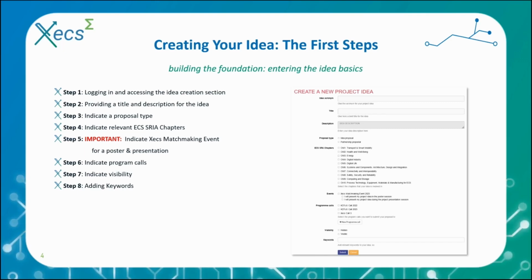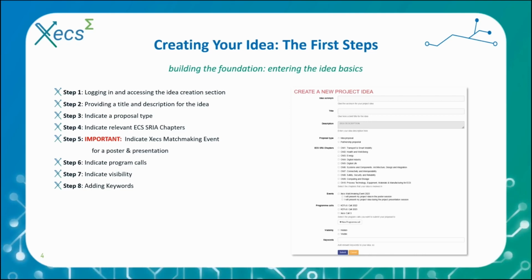Then you select the relevant XECS or ECS RIA chapters. Then you indicate that your project idea is relevant for the Xecs matchmaking event. There you can mark whether or not you want to have a poster or a pitch. Then you indicate the relevant program call, in this case the Xecs call 3.